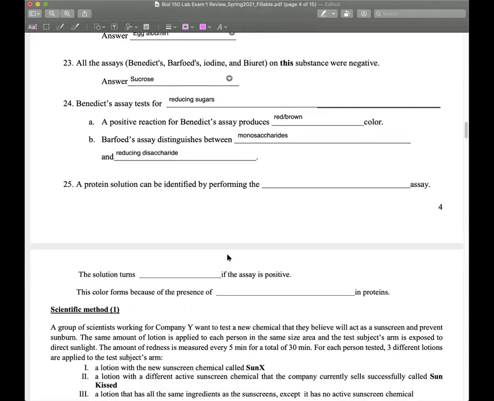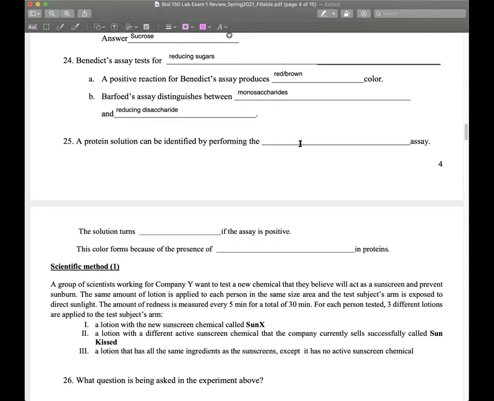All right, what was our protein assay called? Also started with a B. Biuret. Yeah, Biuret. I've also heard people call it Biuret. All right, if it's positive, what color does it change?